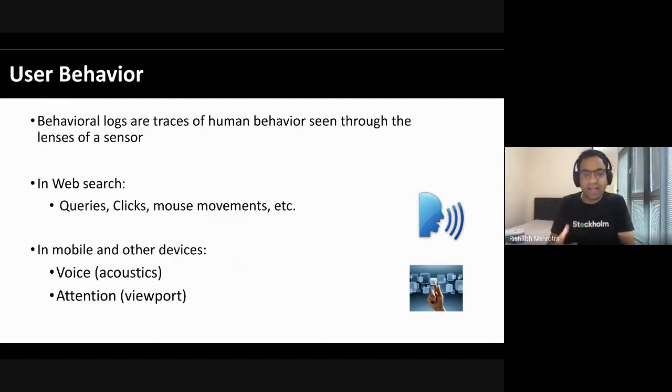So that's the granularity at which we can log some of these interaction data at scale across hundreds of millions of users. In mobile devices, we can log the attention, like are you scrolling or are you viewing the current viewport, the current real estate on your phone, or we can log the voice interactions and so on.